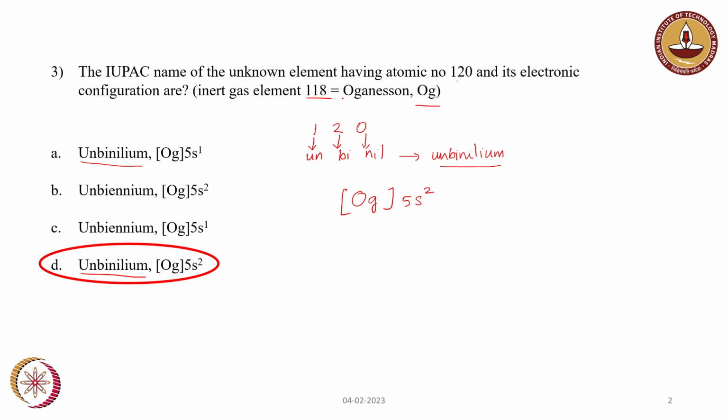So to get to 120 from 118, we will need 2 more electrons. So we have to add 2 electrons. So the answer will be unbinilium, Oganesson 5s2 is the 120.